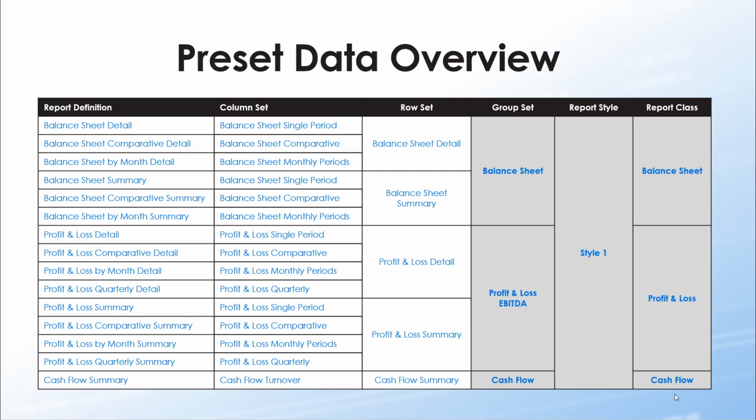This is an overview of the data that is included in this version of the product. As you can see, there is a number of reports that are direct replacements for the standard Acumatica reports. And as with any existing ARM reports, they are a combination of column sets and row sets.